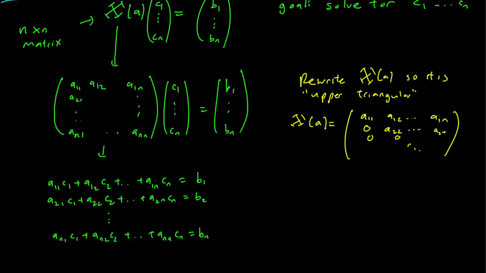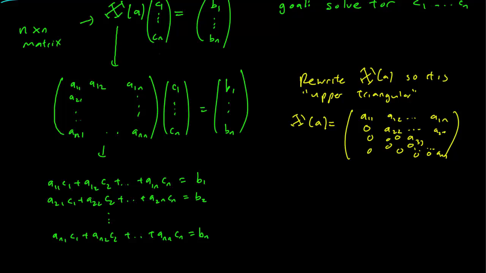Basically we want to write the matrix XA so that it is 0 everywhere under the main diagonal. We have this main diagonal of A11, A22, A33, to Ann, but we want our matrix to be 0 everywhere underneath, so only the terms in the upper triangle are non-zero.